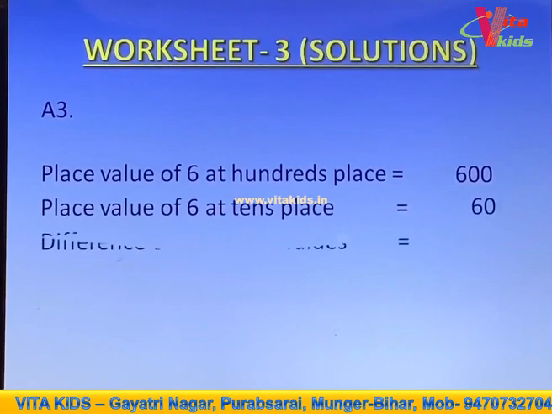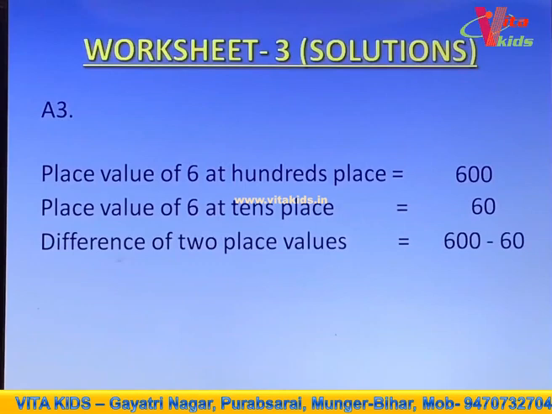Now we have to find the difference of the two place values, which is going to be 600 minus 60. Now you can write it here like this, 600 minus 60, and show the calculation, or you can do it in the rough column, and straight away write the answer here as 540.